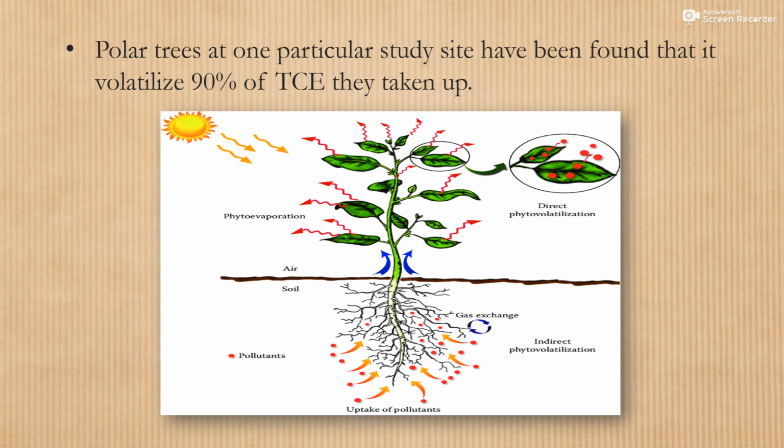So phytovolatilization is through the root, which can absorb or assimilate pollutants from the soil, and then they are transported to the leaves. Through this transportation they are modified, and finally they are released into the atmosphere in vapor form.